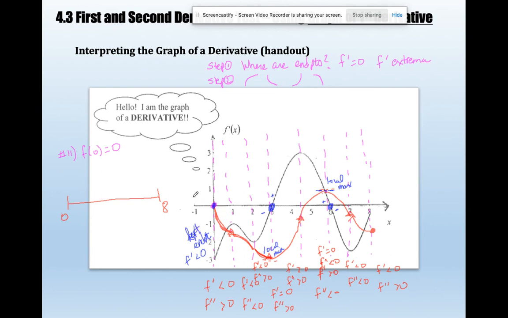So this is a local max. The right endpoint, the derivative is negative right before it. Therefore, I was decreasing to a right endpoint.